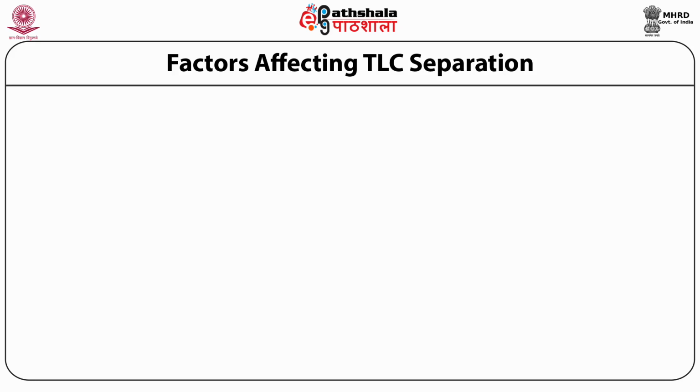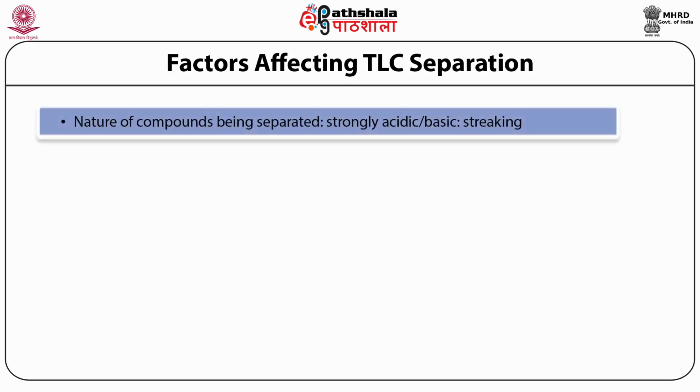So the different factors, of course: the nature of the compounds being separated is one of them, and strongly acidic or basic compounds tend to undergo streaking, which can be minimized to some extent by changing the pH sometimes, or optimizing the solvent mixture, which will act as the mobile phase.